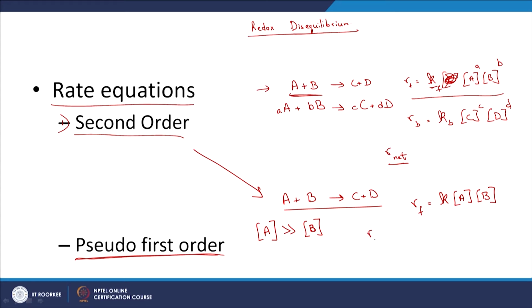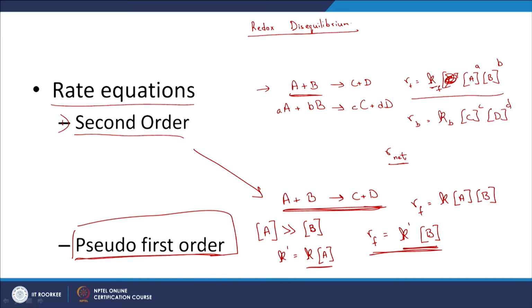Then I can modify the rate of the reaction as K star times the concentration of B. Here K dash is equal to the original rate constant times the concentration of A. If we look at this modified rate equation, we see that it is a first order reaction, but we know that it originates from a second order reaction, and it behaves like a pseudo first order reaction.